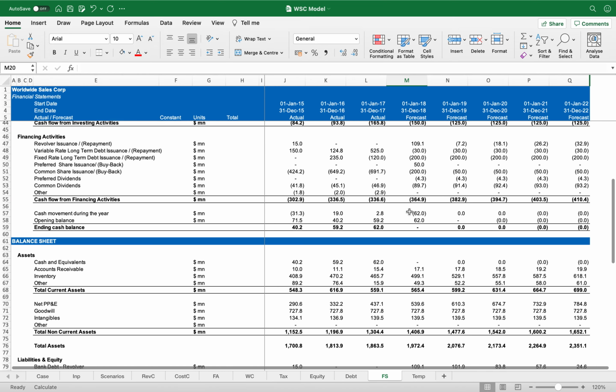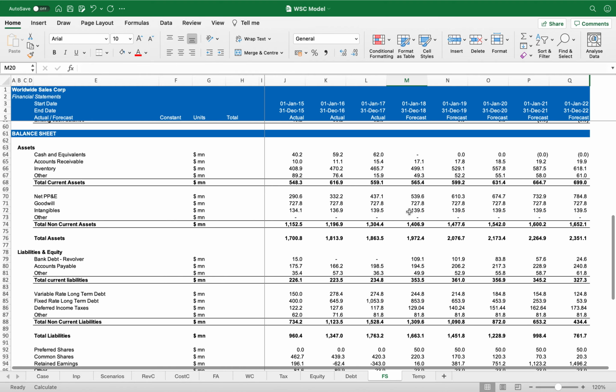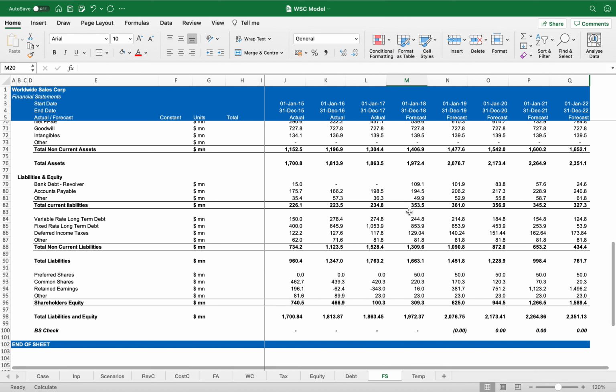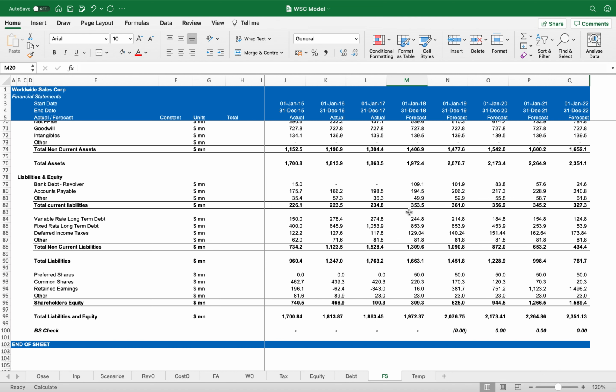And I'm done. So that's it. So let me check if my balance sheet is matching or not. And as you can see, my balance sheet has matched. That's amazing, isn't it? It never matches in my exam, right? But here we have perfectly matched the balance sheet. Okay? Congratulations. So you have finally completed this case study, my dear friends.